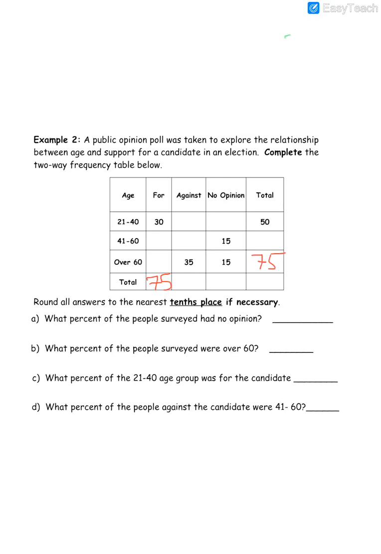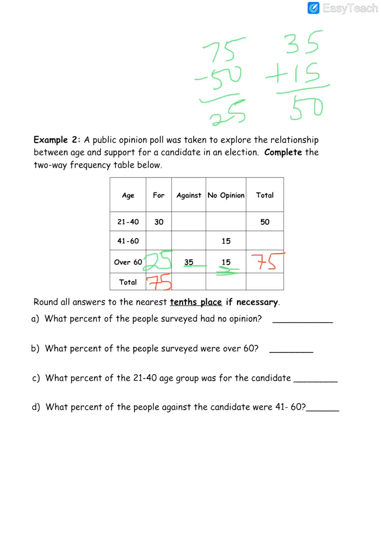So hopefully you took 35 and 15, that's here and here, and you added them. That would give me 50. And you subtracted 75, the total, minus 50, to get you 25. So that's the number that you hopefully got yourself.